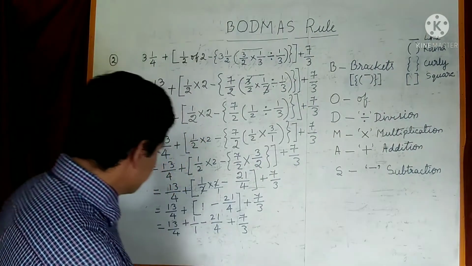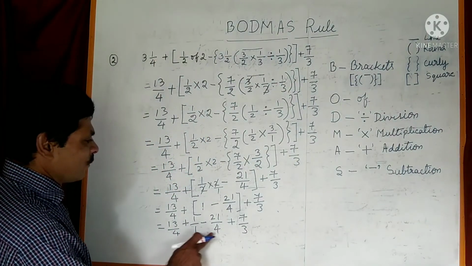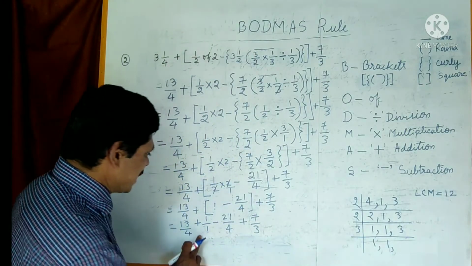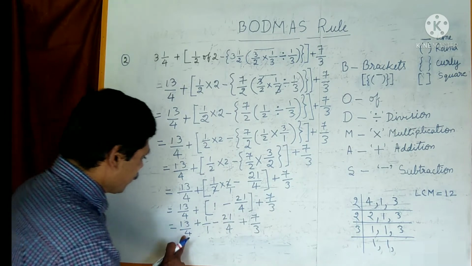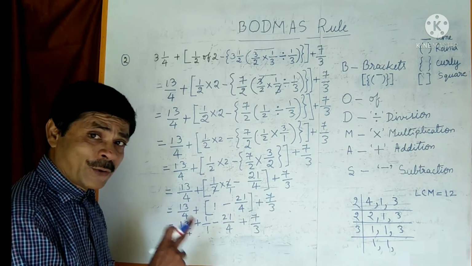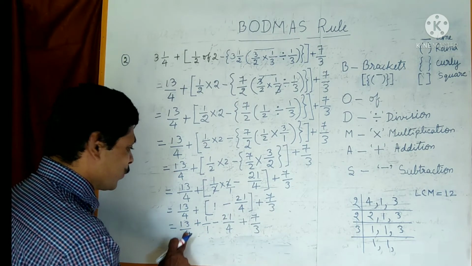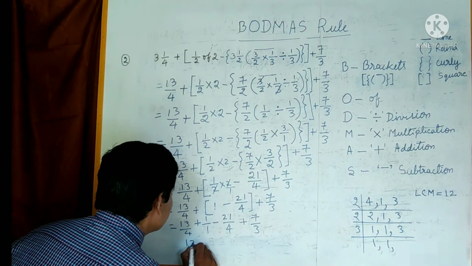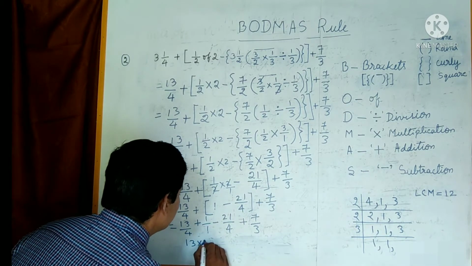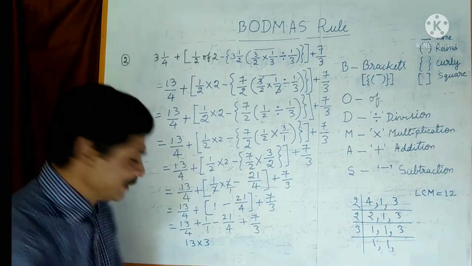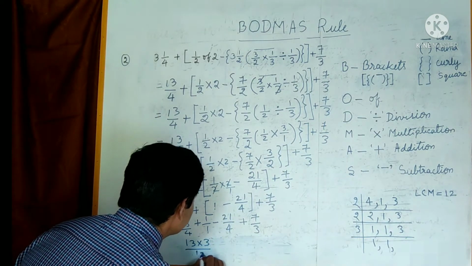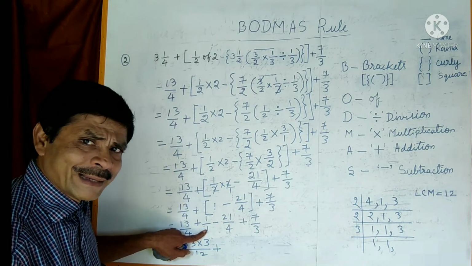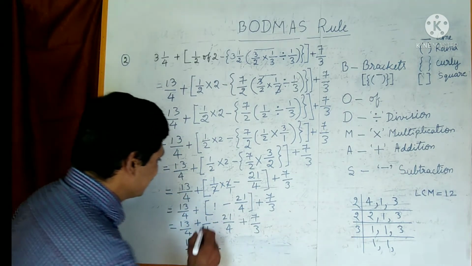Let us find the LCM of 1, 4 and 3. See, now the LCM is 12. For 4, how many times do we have to multiply to get 12? 4 3s are 12. So 13 into 3 divided by 12 plus 1, how many times do we have to multiply to get 12? 12 ones are 12.